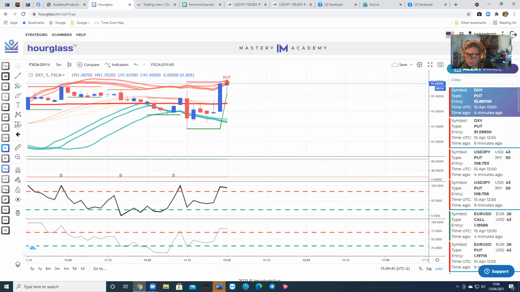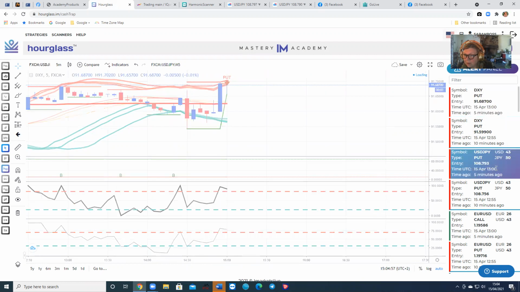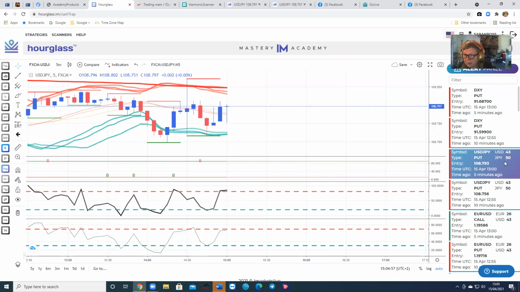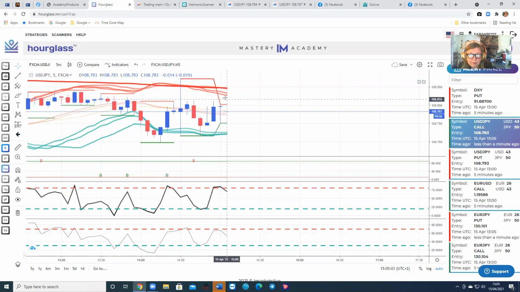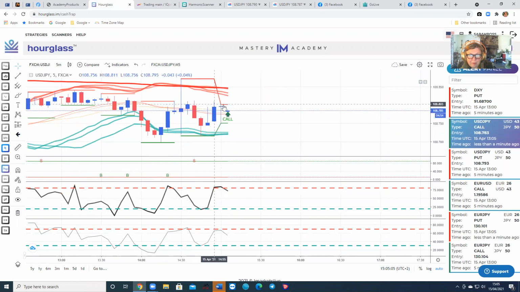It's now saying a put at 700. It is in the overbought area, 875. It was called at 793. US dollar weaker than the Japanese yen there on the currency.